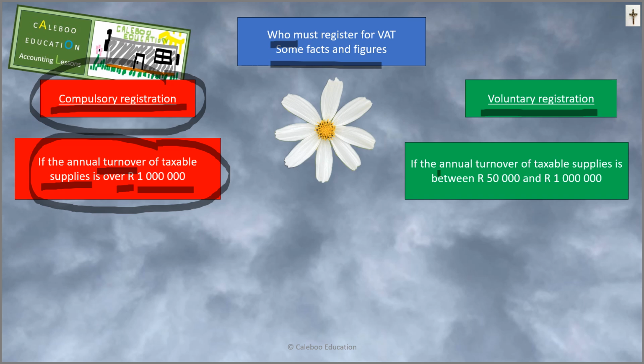If the yearly sales of standard rated supplies is between 50,000 rand and 1 million, registration is voluntary. So if sales is over 1 million, it is compulsory to register your business for VAT. You can register for VAT if sales is between 50 and 1 million rand.